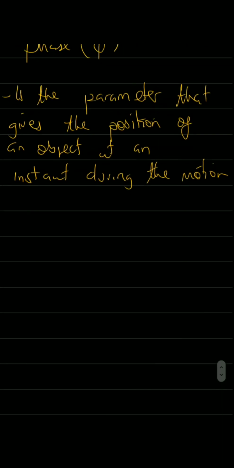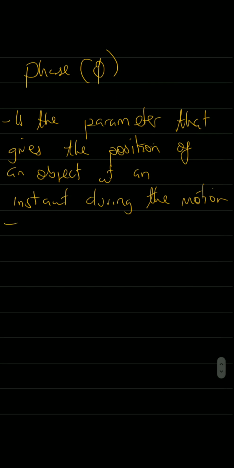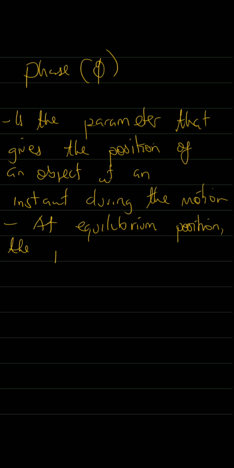And that's not to say, for a simple harmonic motion, we have the mean position. So the phase constant at the mean position, at that particular position, is simply referred to as the initial phase. And at that point, particularly at the mean position, the phase is given as 0.